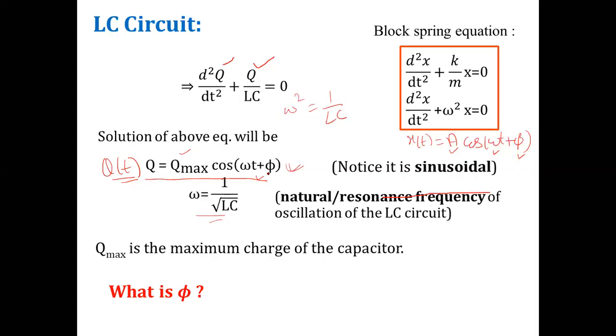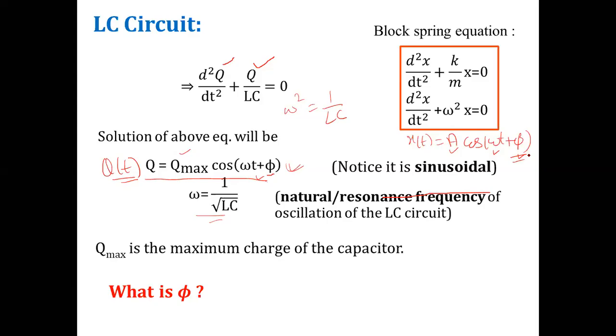The phase angle here, we can decide from the initial conditions, as we did in the case of the block spring case also. Remember, in the case of the block spring, we derived the expression for when it can be a sine function and when it can be a cosine function.